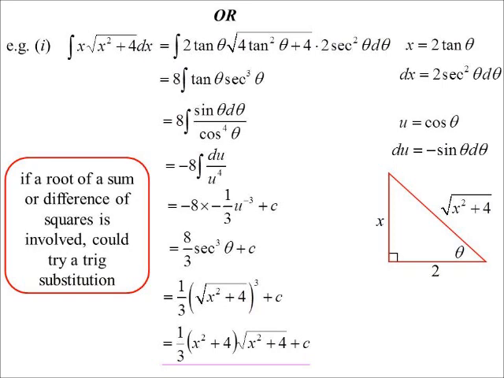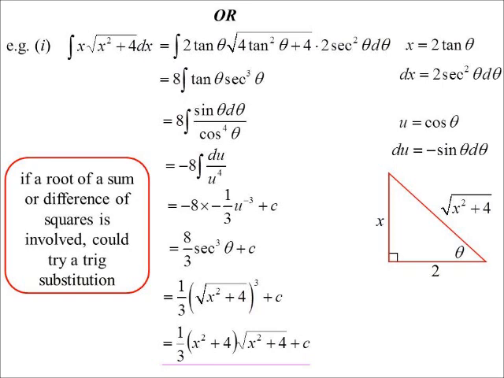Not a coincidence. So sec theta I can now read off as 2 over the square root of x squared plus 4. Substitute it back in, and we now have the same answer. As I say, I am not suggesting you would use that substitution for this, but it does show you that there are alternative ways of approaching problems.